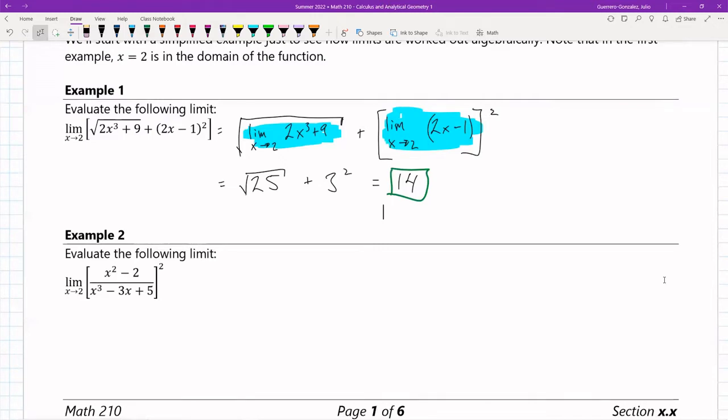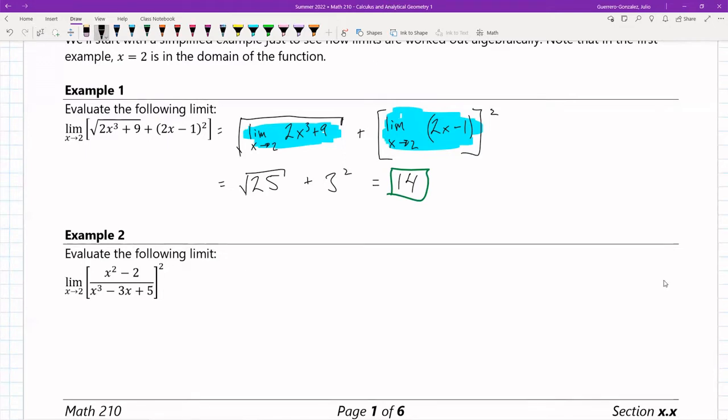What's usually going to happen when you find a limit like this is you're going to look at the limit as x approaches 2, look at the function, and realize that there's no problem with me just plugging in 2. It is in the domain. Make sense?